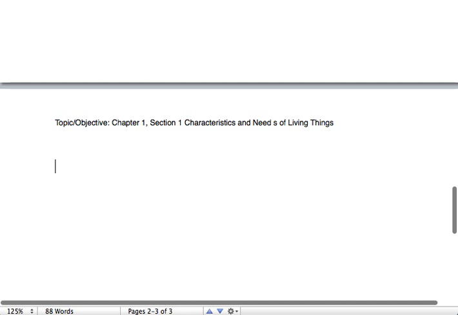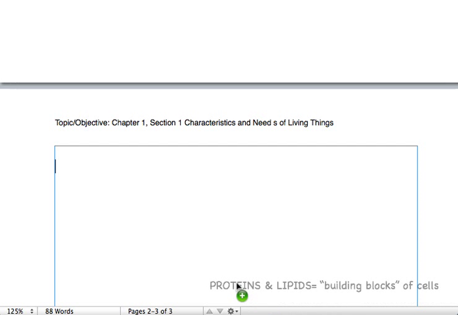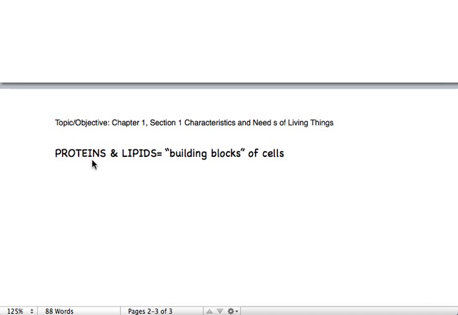The next important chemicals for life, and these are the two that we lumped together, are proteins and lipids. And those are considered to be the building blocks of cells.